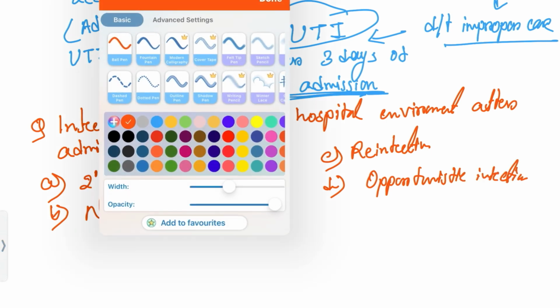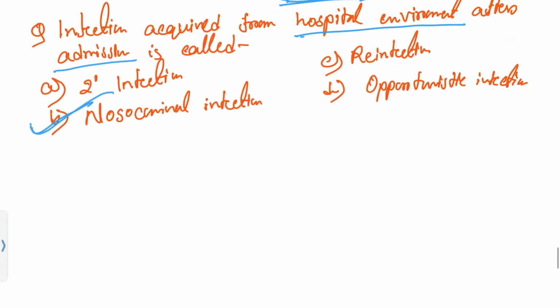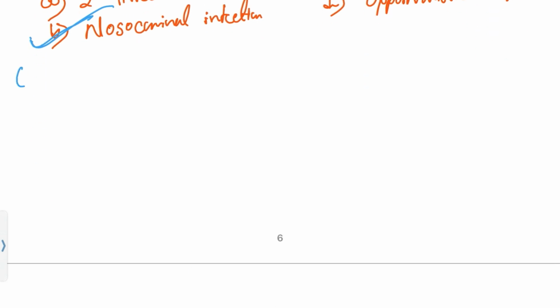So what will be the answer according to you? The answer will be nosocomial infection. Why? Because after admission in the hospital environment, the patient is getting this infection. That's why it comes under nosocomial infection.